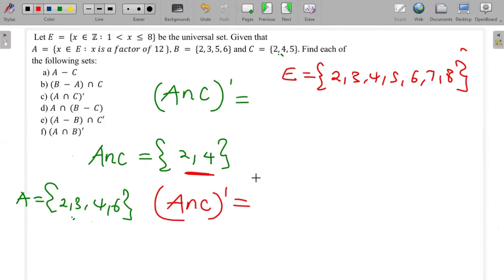So I'll just remove 2 and 4 from the universal set. That would be the complement of A intersection C. So I'll have 3, 5, 6, 7, and 8. So that's the answer there, guys. Any question?